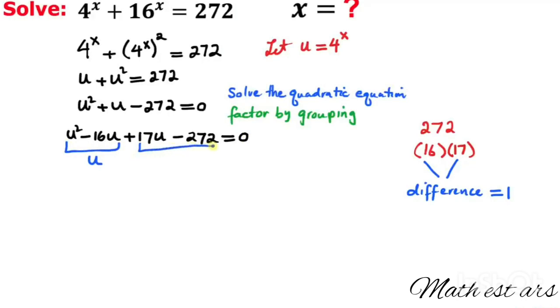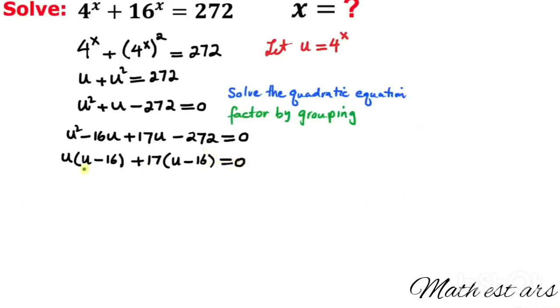Now we can see between these first two terms, u is common, and between these next two terms, 17 is common. So we can write this as u times (u - 16) + 17 times (u - 16) = 0.